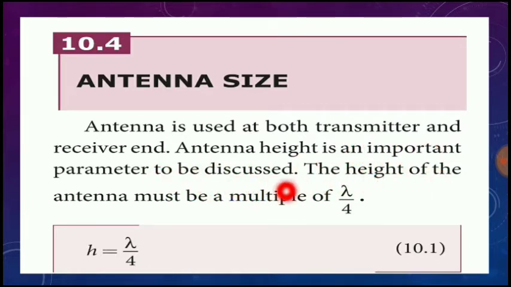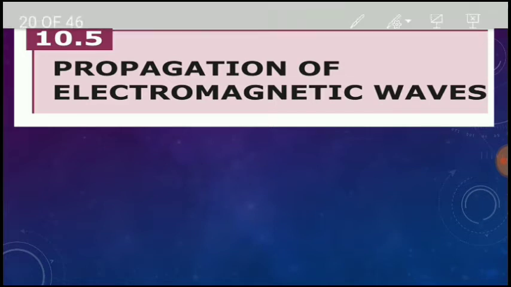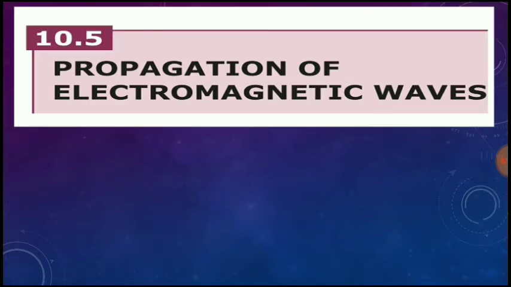The height of the antenna must be a multiple of lambda by 4. So this is the important 1 mark point. Based on this, 2 marks will also come. Lambda by 4, where lambda is the wavelength, divided by 4.